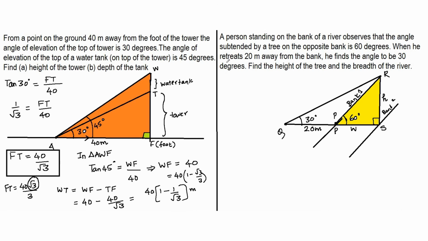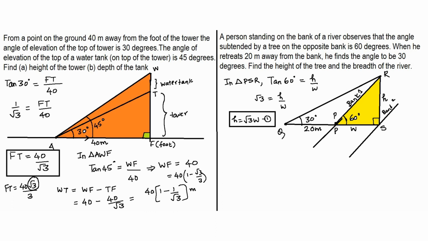So I can say that in triangle PSR, tan 60 is going to be H upon W, and tan 60 is root 3. So root 3 is equal to H upon W, which means H is equal to root 3 times W, right? This is the first relation that I obtain based on the given figure.